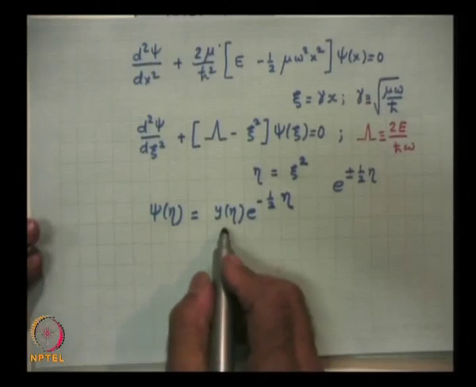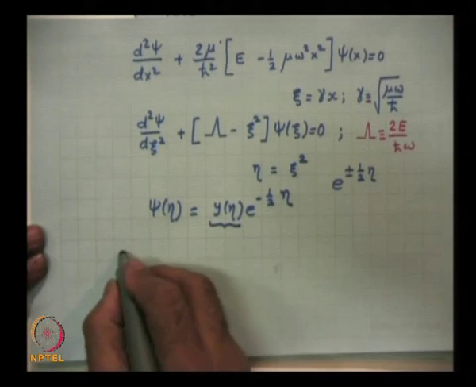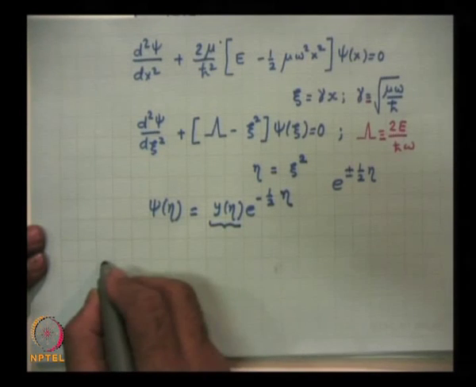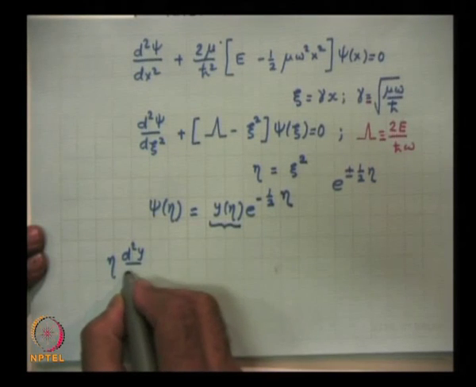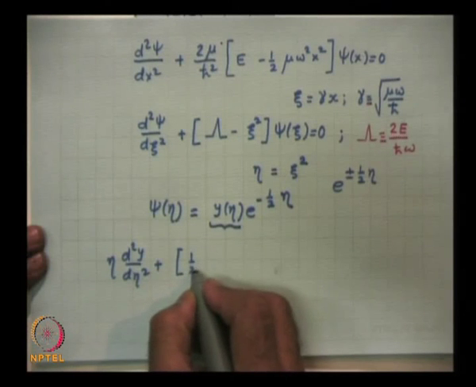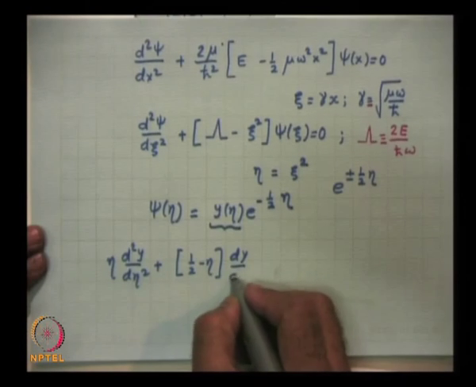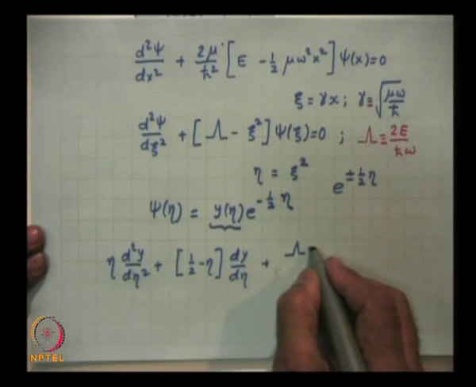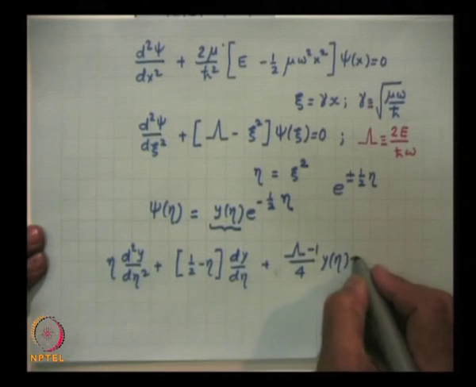that is satisfied by y of eta, and we found that it is given by eta d2y by d eta square plus half minus eta dy by d eta plus lambda minus 1 by 4 y of eta is equal to 0.